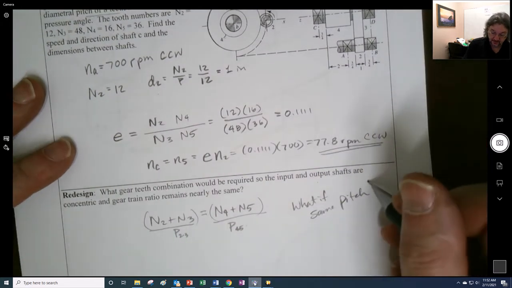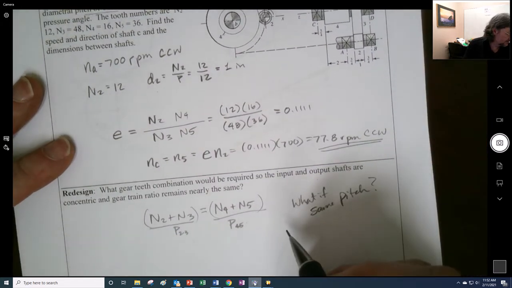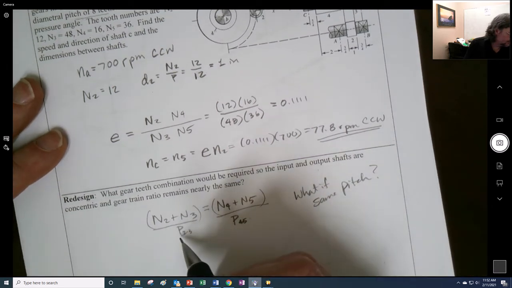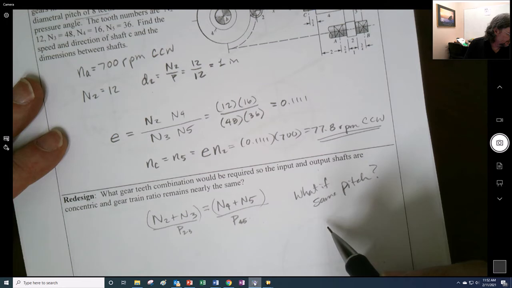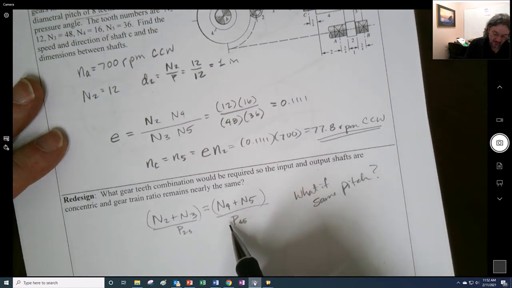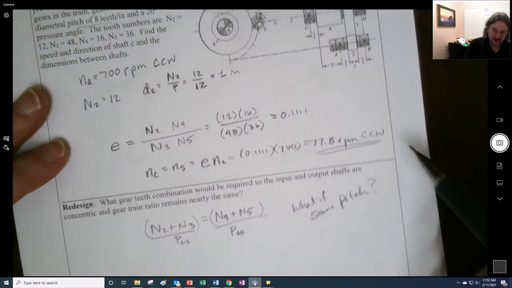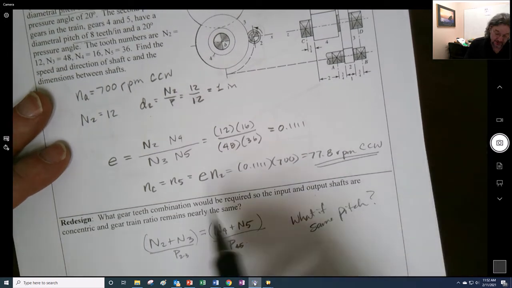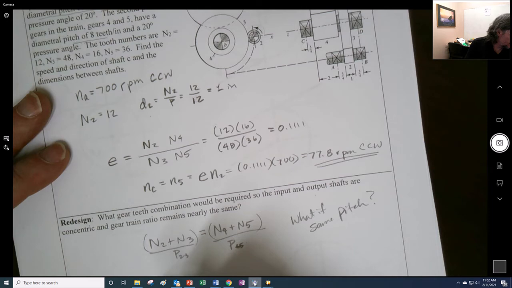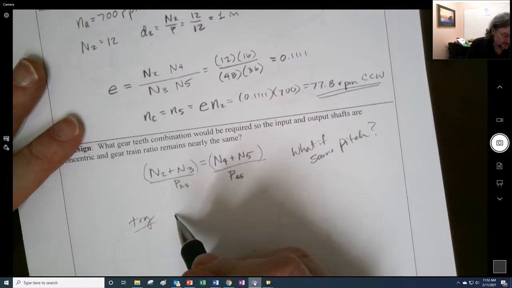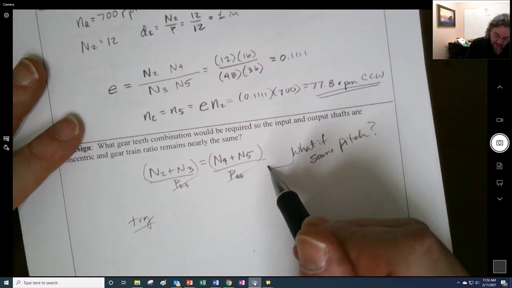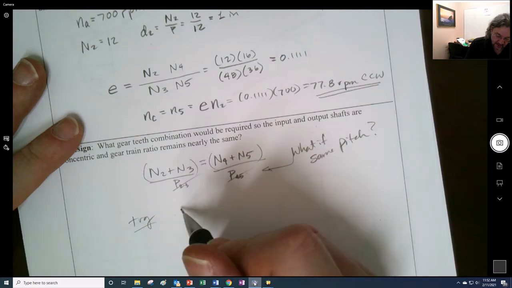So if we're using the same pitch right here and trying to find some combination, let's say we had the same pitch and try all the same things. If these are the same pitch, then those teeth have to equal each other.